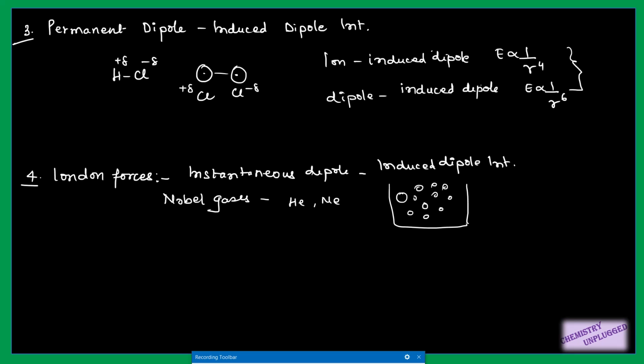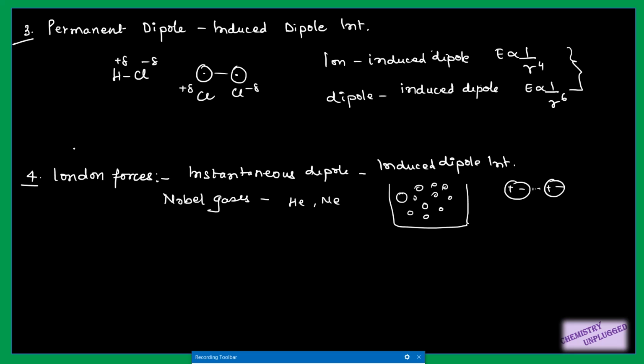But what happens is that when they come close to each other, dipolic characteristics are induced in them, right? And they will interact with the nearby molecule, which will also induce dipolic character in it, and they will have a very weak bond between them which holds them together.